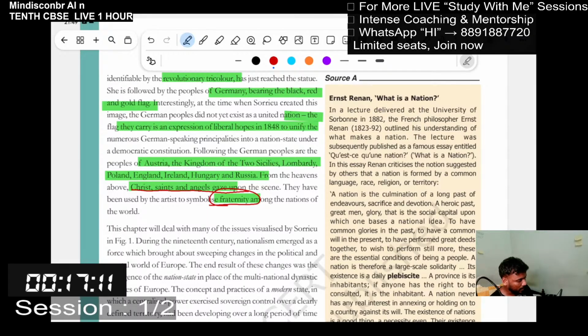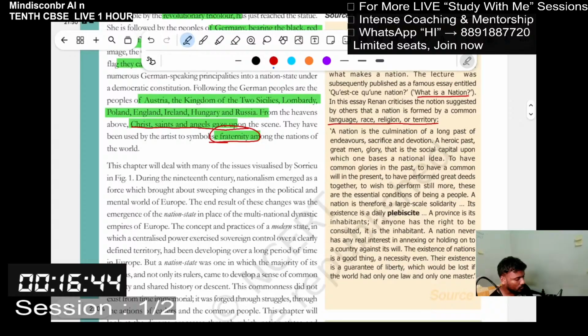The lecture was subsequently published as a famous essay entitled Qu'est-ce qu'une nation, that is, what is a nation? In this essay, Renan criticizes the notion suggested by others that a nation is formed by a common language, race, religion, and territory. A nation is the culmination of a long past of endeavors, sacrifice, and devotion.